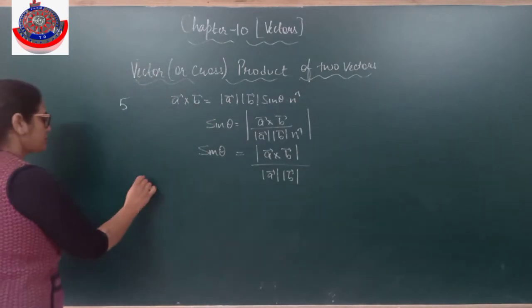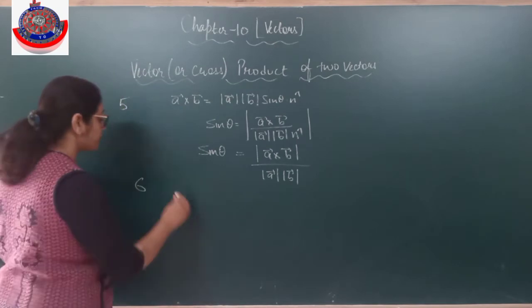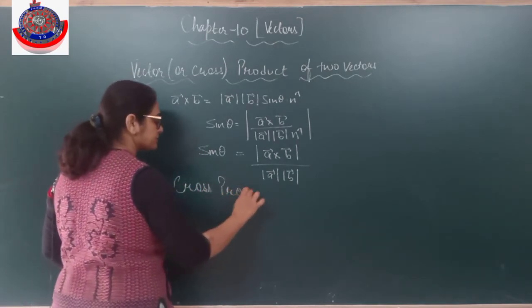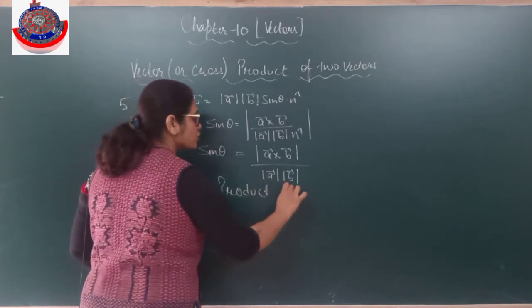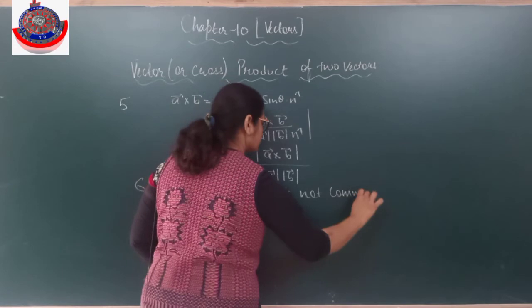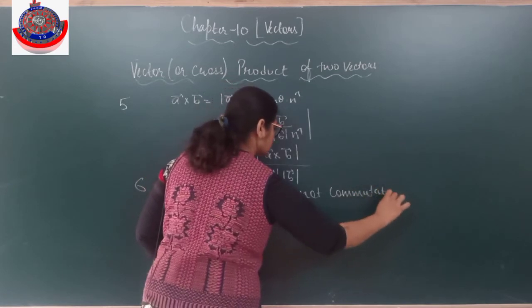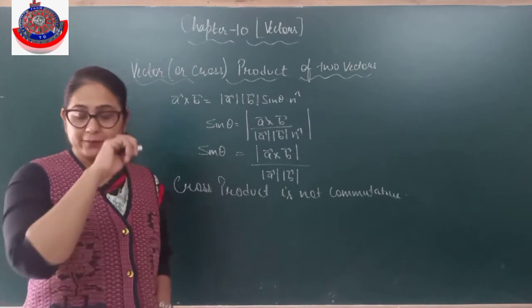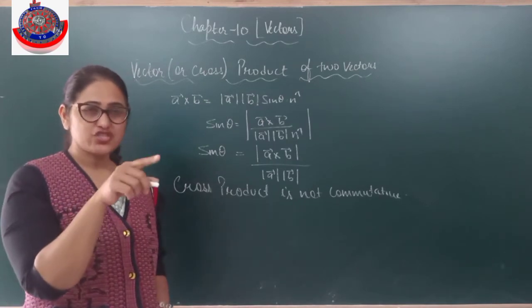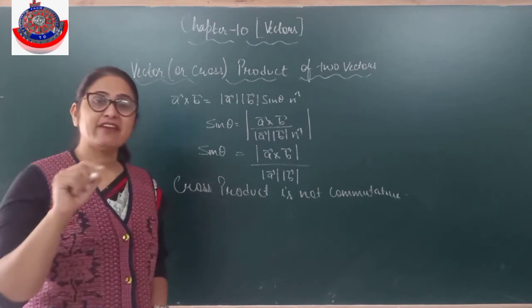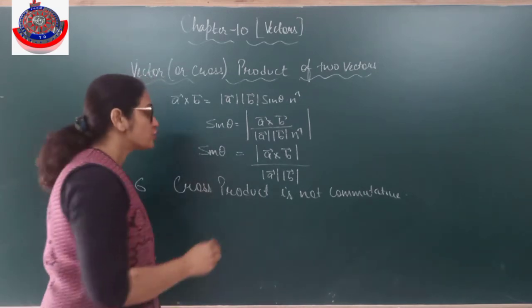Fine. Next, very important: cross product is not commutative. This we've already done indirectly. We did it just now, right? I cross j is k vector, but j cross I is minus k vector, because the direction is reversed.